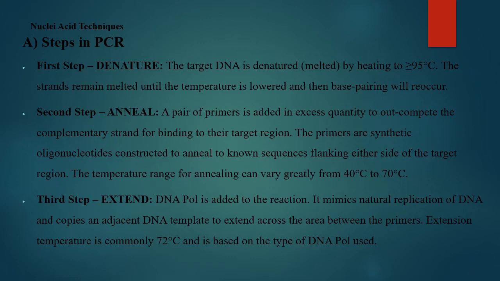These primers are synthetic oligonucleotides which are constructed to bind or anneal to known sequences. Like we mentioned earlier, they flank either side of the target region. So one binds to the top, one binds to the down. The temperature needed for this binding or annealing is between 40 to 70 degrees.